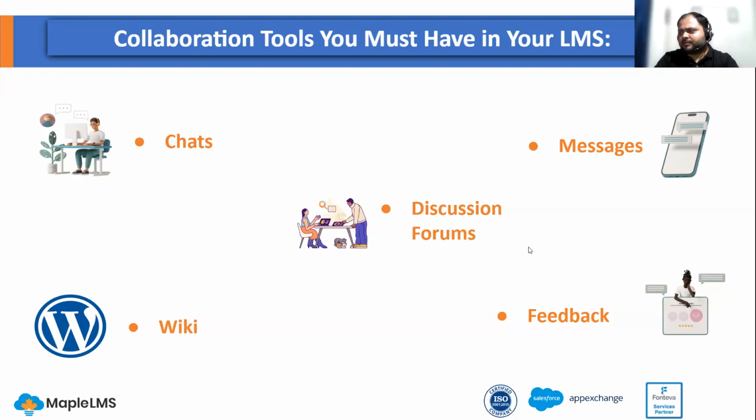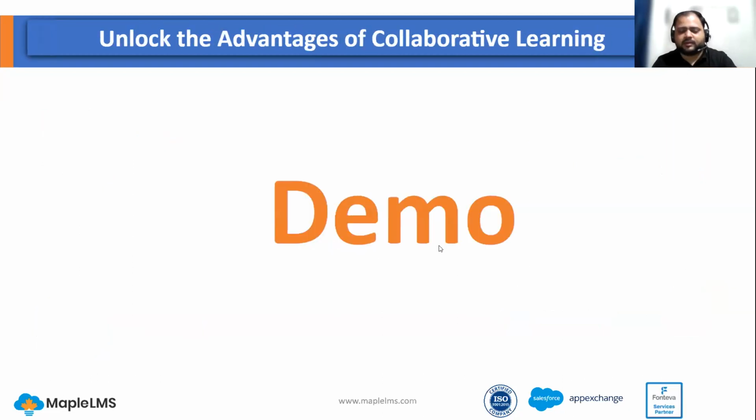Now, these are some must-have tools, I would say, inside your LMS, particularly if you promote collaborative learning. You should always look out for these features in an LMS. And just moving on, I'm going to walk you through some of the most common tools that an LMS can offer in terms of collaborative learning.